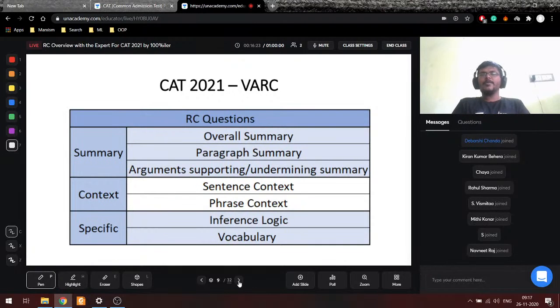The last one, obviously, even though I have told you that vocabulary is not needed, there are some vocabulary-based questions in the VRC, in the RC section. However, as you can see, all the examples I have taken for these questions to practice are from previous year CAT.